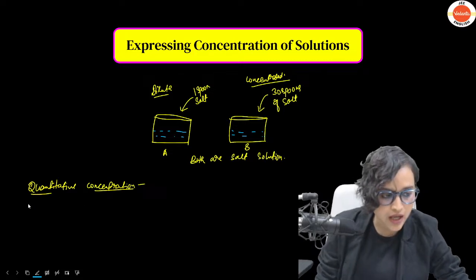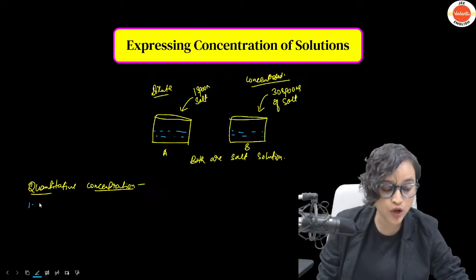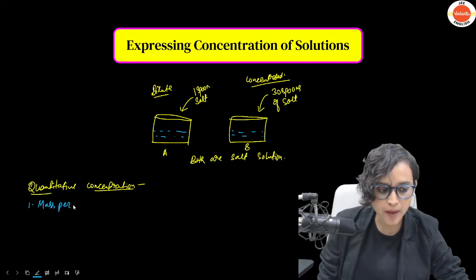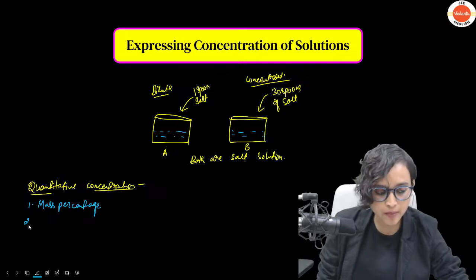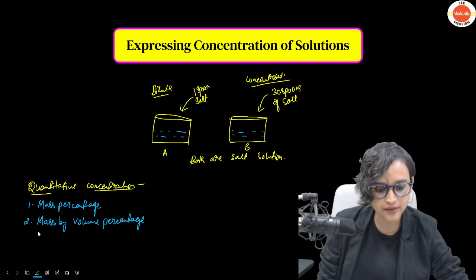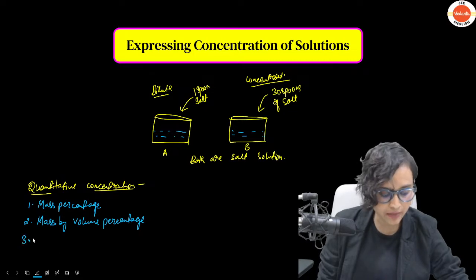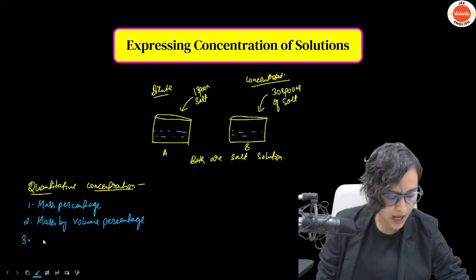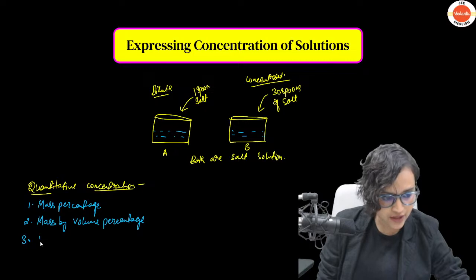What are these terms? Number 1 is mass percentage. Number 2 is mass by volume percentage. Make sense or nonsense, everyone? Number 3 is volume percentage.